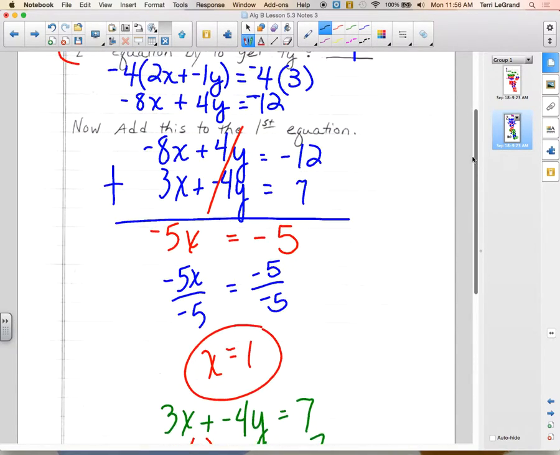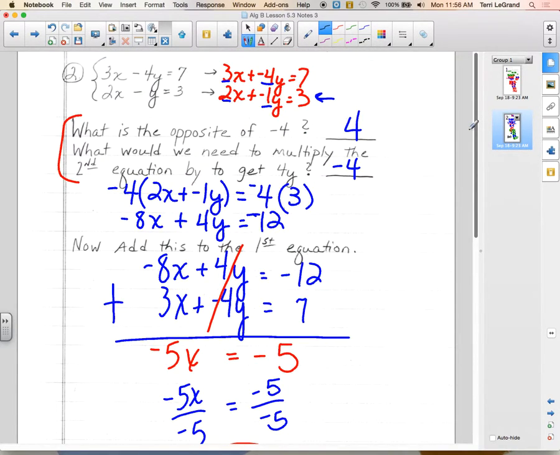So if we would have done what you suggested in the beginning, we multiplied the top one by -2 or +2 and the bottom one by -3, you just would have renamed them, you still would have added them together. Then in that case you would have eliminated the x's, you would have been solving for the y first, you would have gotten the same answer, -1, and you'd have gone back and solved for x and gotten +1. Just would have been an extra step in there you didn't need to do.